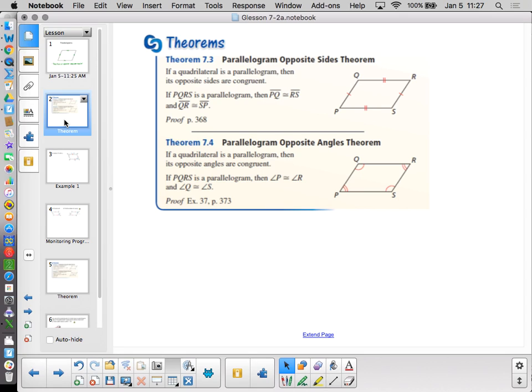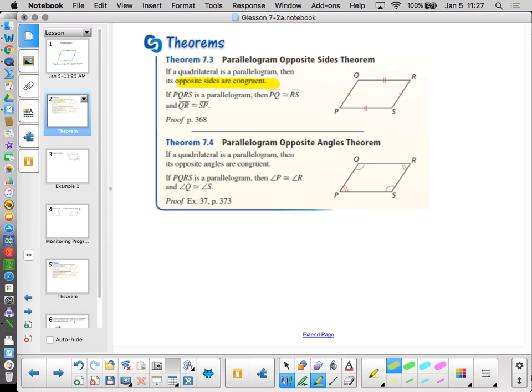Okay, additional properties, and these are from our theorems in our book, and they're in your notes as well. Opposite sides are also congruent. Both pairs of opposite sides. So not only are both pairs of opposite sides parallel, both pairs of opposite sides are also congruent.